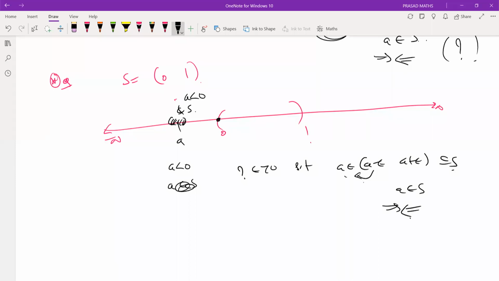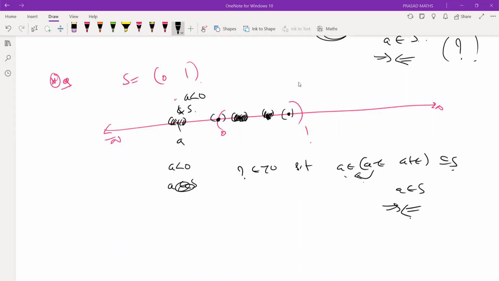Is it a neighborhood of 0? No, because 0 is not inside the set. Is it a neighborhood of this point? Yes, I can provide a very small, teeny neighborhood which is inside the set. Is it a neighborhood of this point? Yes, because I find a very small neighborhood which is inside the set.